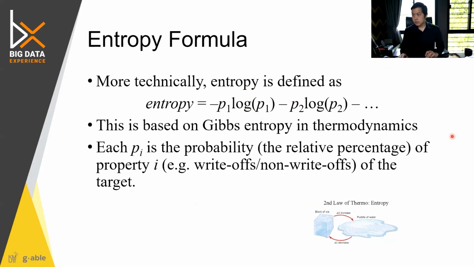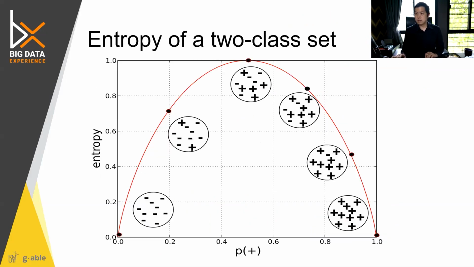Okay. Right, so it works like this. This is the proportion of P1 in the group. The more mixture it has, the higher the value becomes. And if you have probability of 0 or 1 for P plus here, you would have entropy of 0. That means the groups are pure.